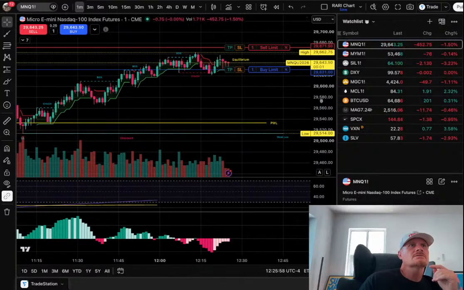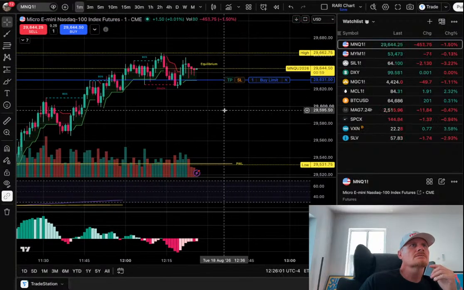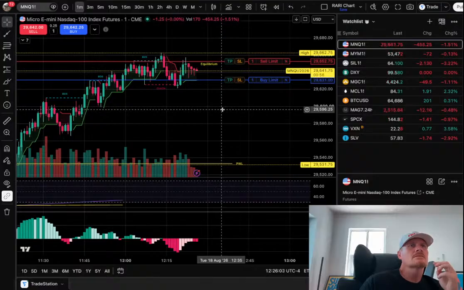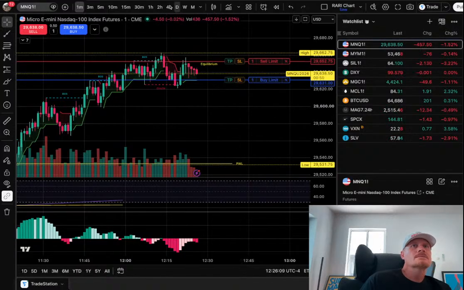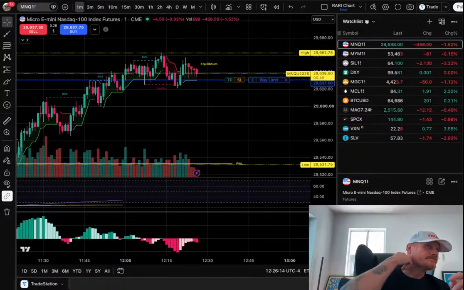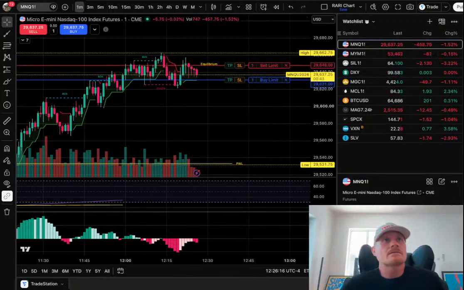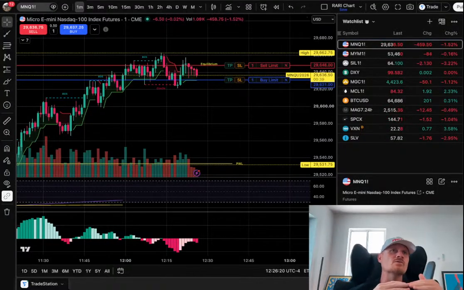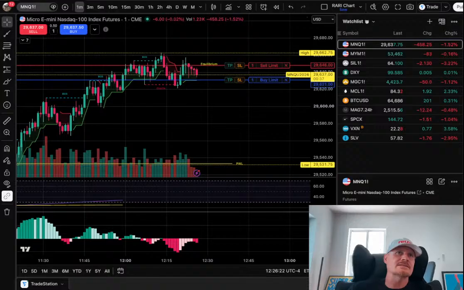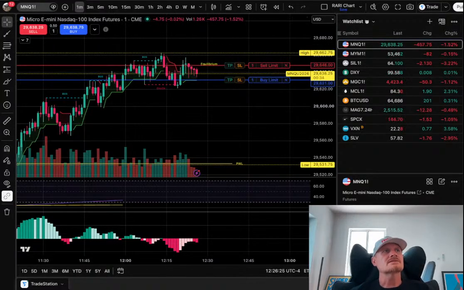Let's see what we got. I think if it moved, it was moving the sell right when the buy took place, so it screwed up when it took that order. See what it has to say.